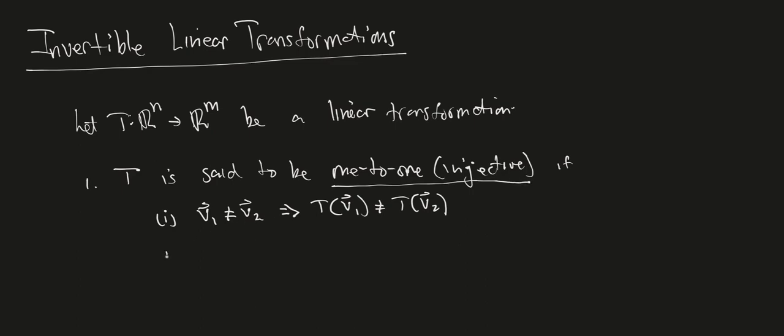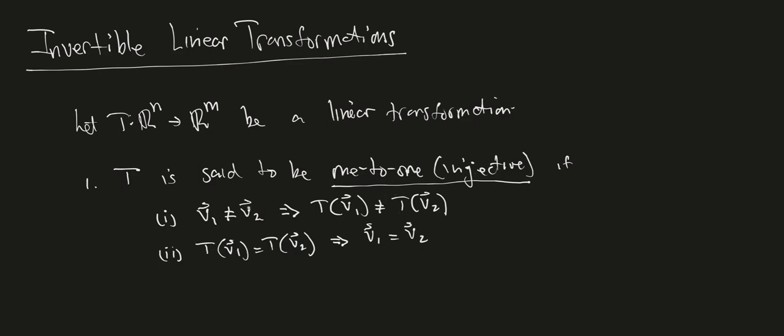But another way to say it is this: if the transformation is one-to-one, and if the outputs are the same, so if the images are the same, then the pre-images have to be the same. So you could define one-to-one or injective in both ways.